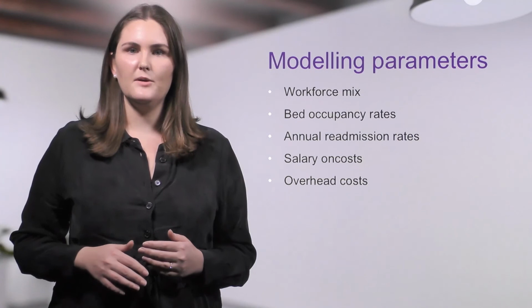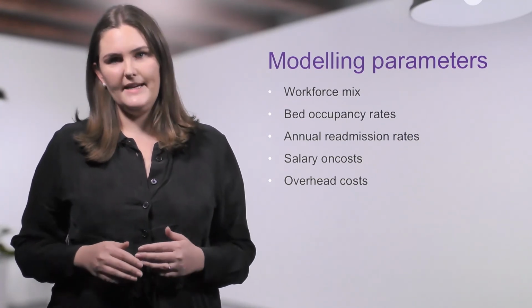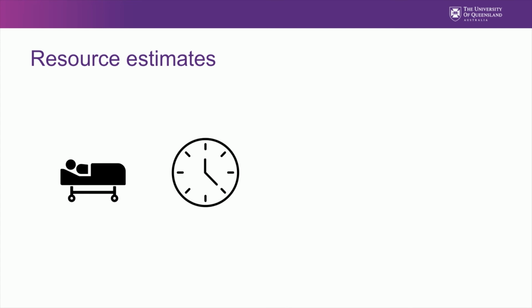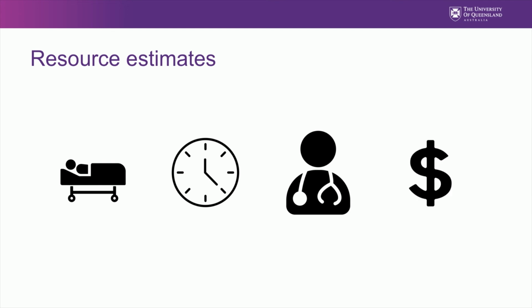These parameters are modeled at desirable and efficient rates. The modeling parameters, used in combination with information from the care profiles, help to define resource estimates, such as numbers of required beds, staff hours, full-time equivalent staff required, and estimated costs.